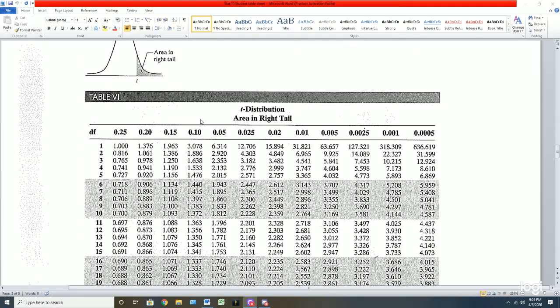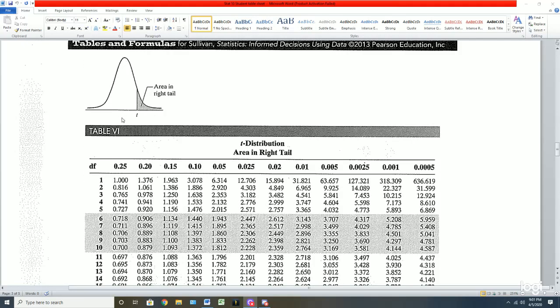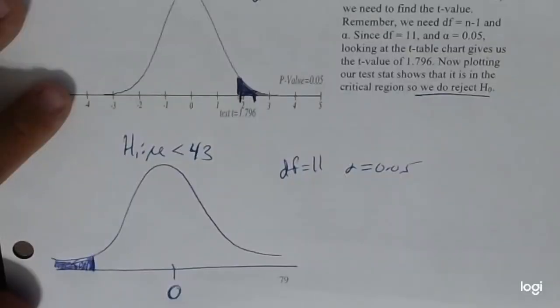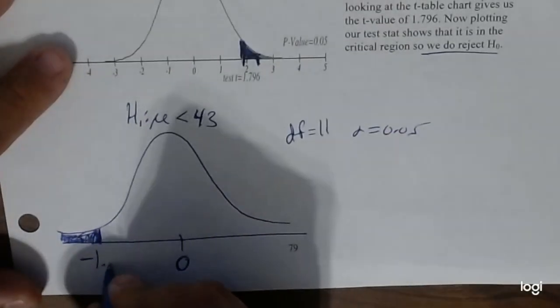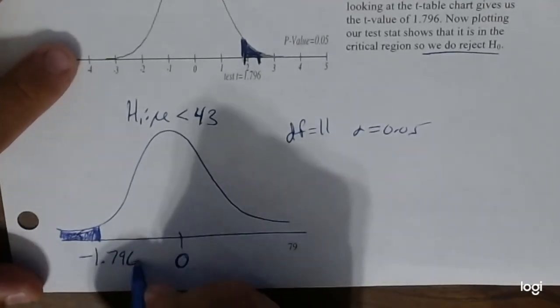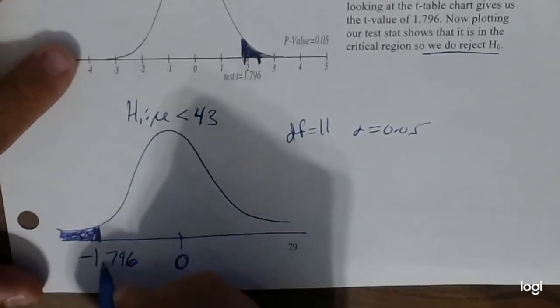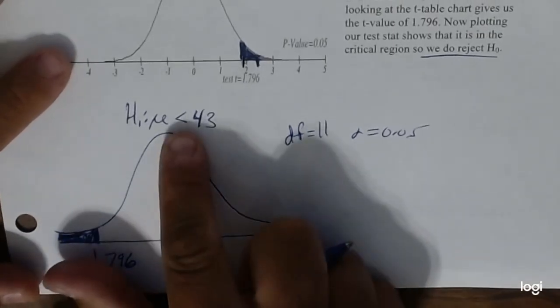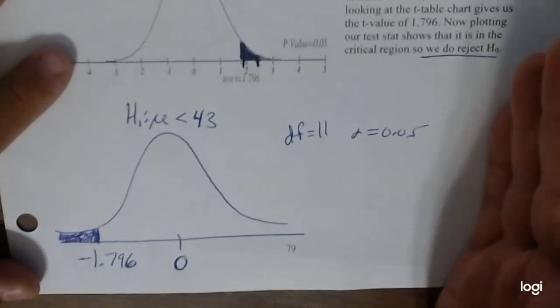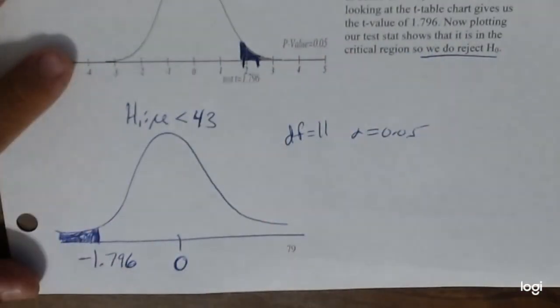Because the table is just giving you positive values, whenever you have a left tail test for t-values, we just pop a negative in front of it. When it comes to our table, they always give you the positives, but since it's symmetric, it's going to be the negative if you flip it to the other side.